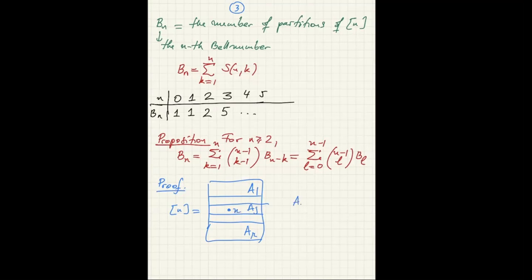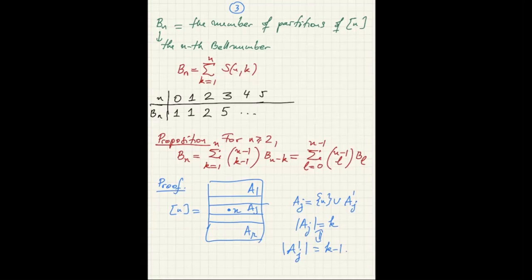So this AJ, the part that contains n, is n union something else. Let's say AJ prime. Okay, and let's just say that the cardinality of AJ equals k. So this is the same as saying the cardinality of A prime J is k minus 1.